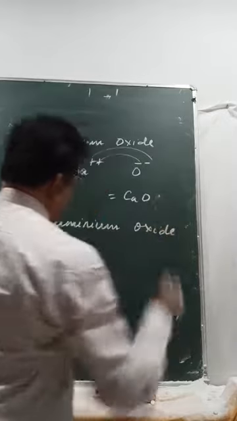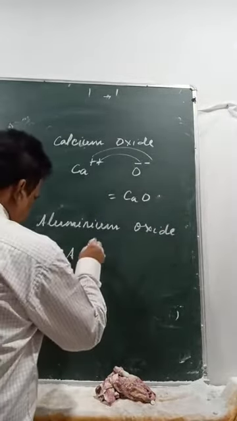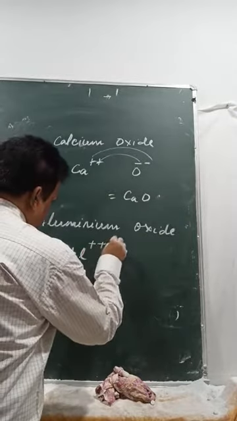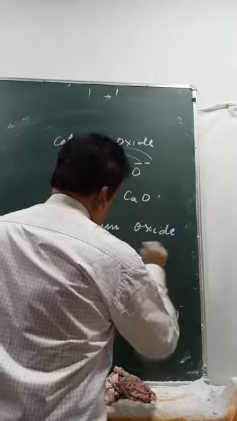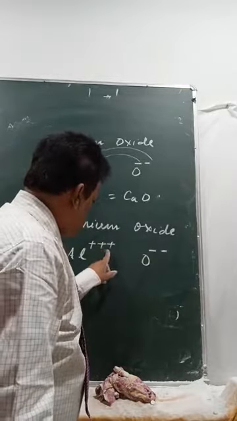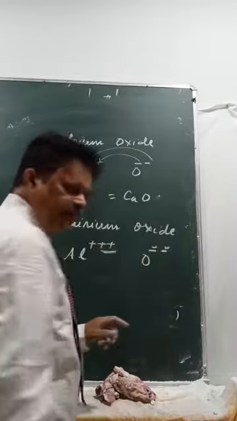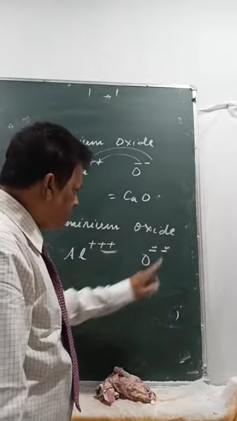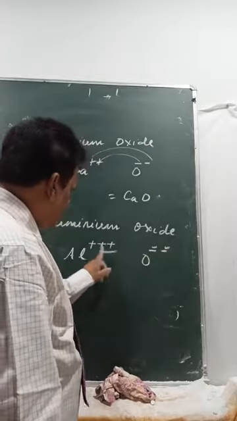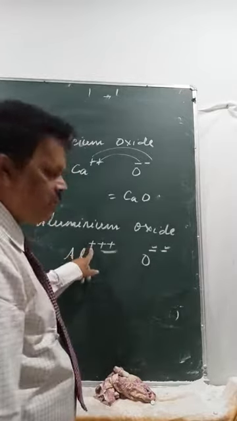Here is a problem. Al triple plus, O double minus. So if I give these 2 electrons, then these 2 will be occupied, means it will be neutralizing these 2, means it will receive 2. I will take 2 from here. Still it is not done because 1 more extra is here.